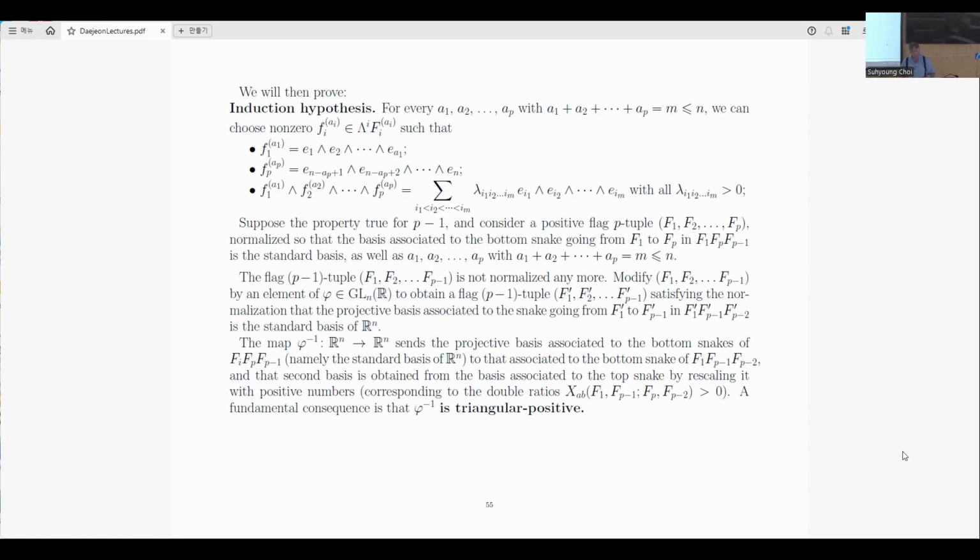Certainly if it's true for anything that is at most n, it's going to be true for n. And because of my normalization, I want the first element to be the product of the first A1 vectors in the standard basis of Rn.